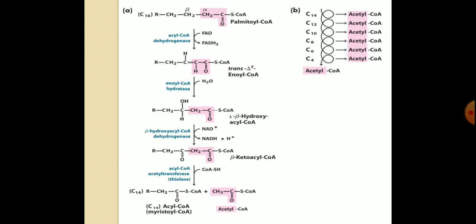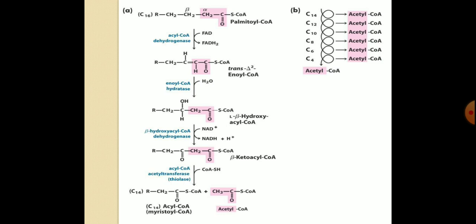This is the overall reaction flow chart which occurs in the inner mitochondrial matrix. We have taken palmitic acid as an example. There are 4 major steps, which are also known as the proper beta oxidation steps, where activated fatty acid, or fatty acyl coenzyme A, undergoes a dehydrogenation reaction in the presence of the enzyme acyl coenzyme A dehydrogenase.